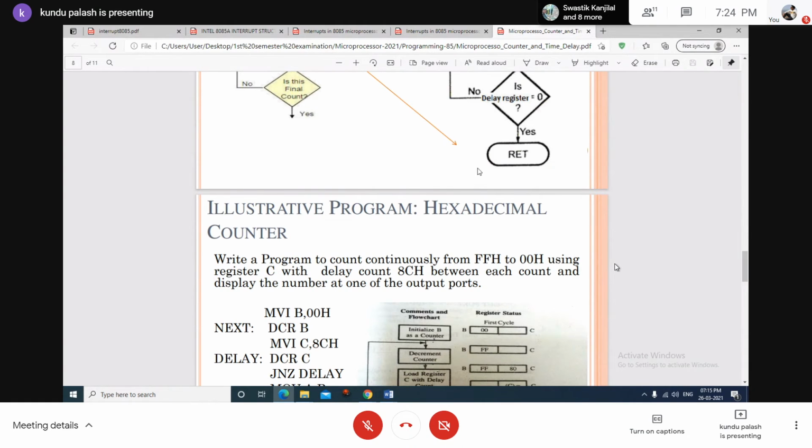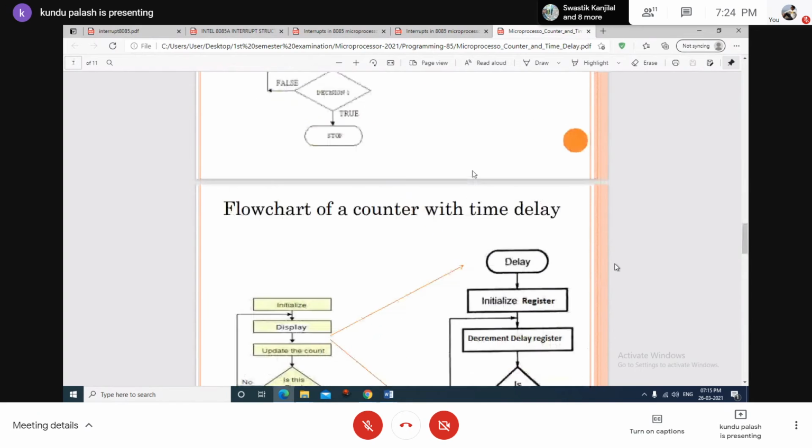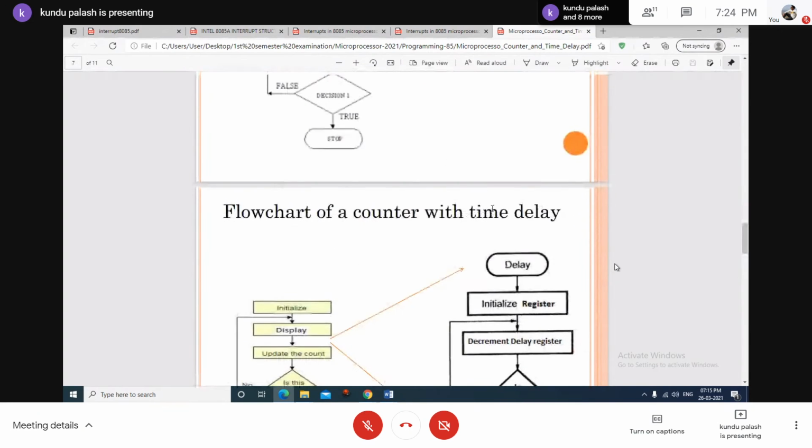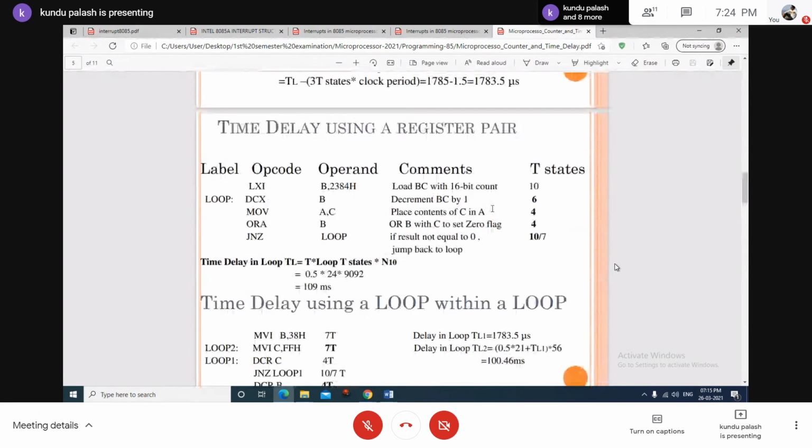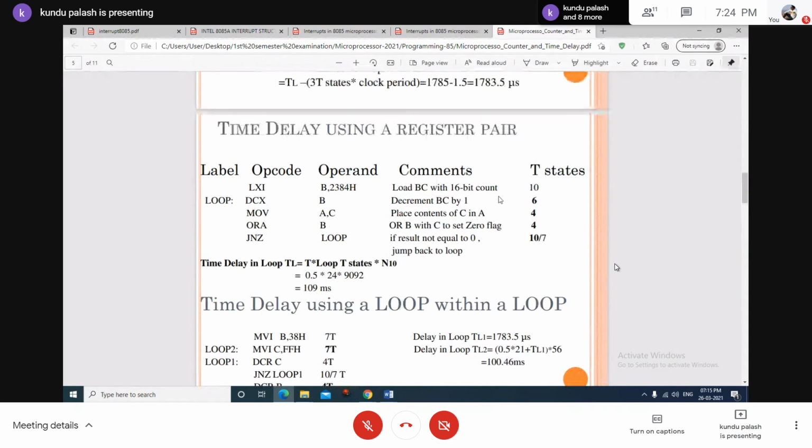But here, in the case of microprocessor based time delay generation, the error will be very, very small. There is even no error, because the microprocessor timing signal is initiated by a crystal clock of a particular value, a clocking signal.